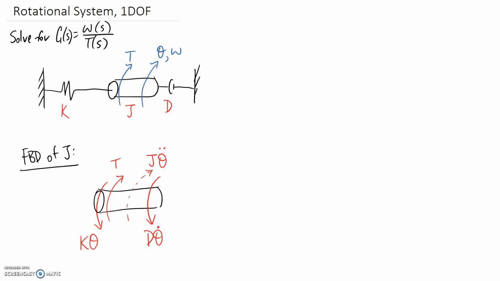So now we can go ahead and apply the equation that we need to satisfy, and that's the sum of the torques has to be equal to J theta double dot. And I'm going to assume this direction is positive. So we're going to get T minus, it's going the other way, D theta dot. This is also going the other way, so it's minus K theta.